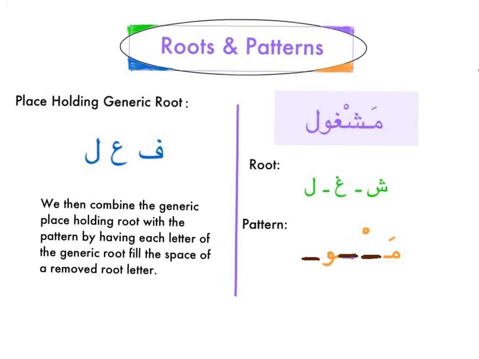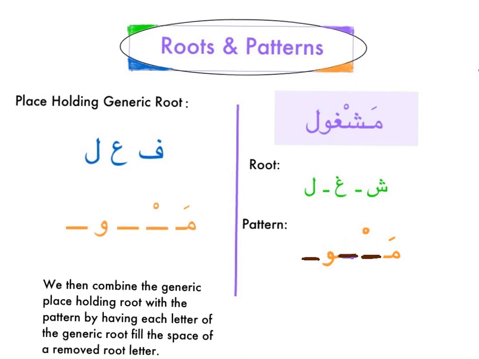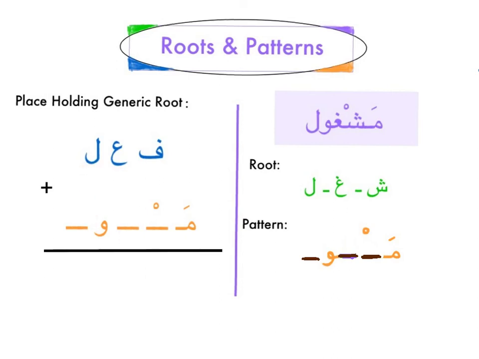Next, we combine the generic place-holding root with the pattern by having each letter of the generic root fill the space of a removed root letter. So fa fills the second space, and ain fills the third, and lam fills the final space.